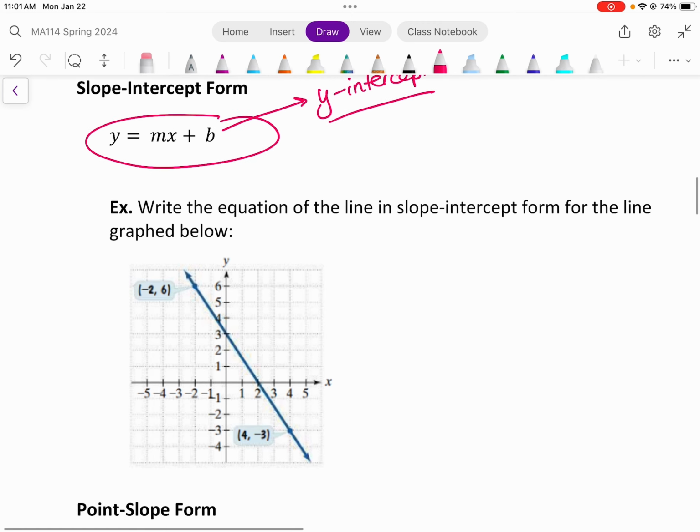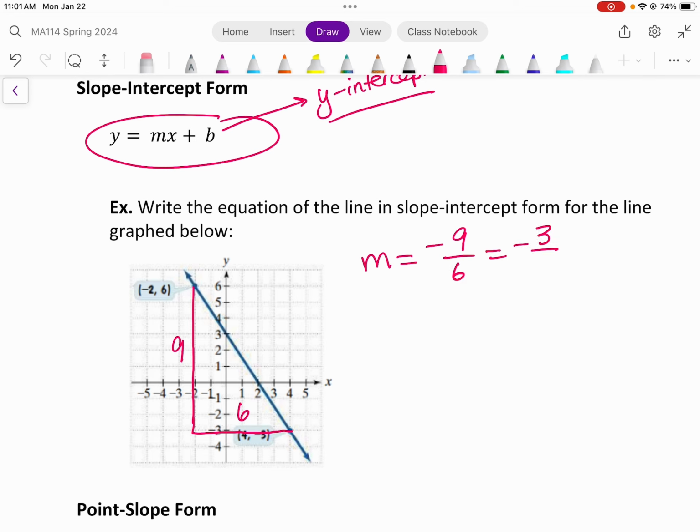So if I were doing this problem here, I could write the equation of my line by making my slope triangle. So I'm going to find m by counting the rise. That's the distance between 6 and negative 3, which is 9, over my run, which is 6 spaces. My line is going downhill, so negative 9 over 6.